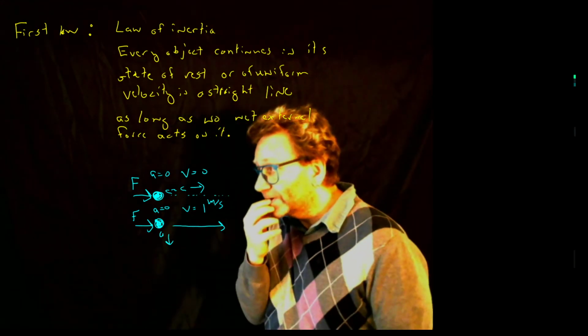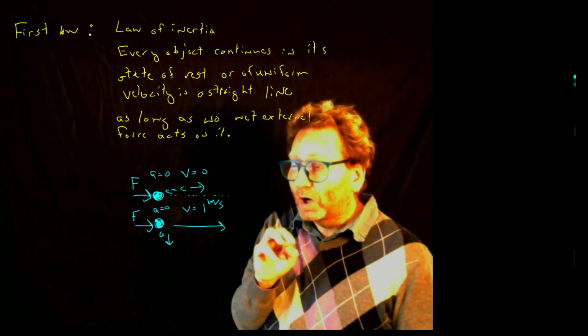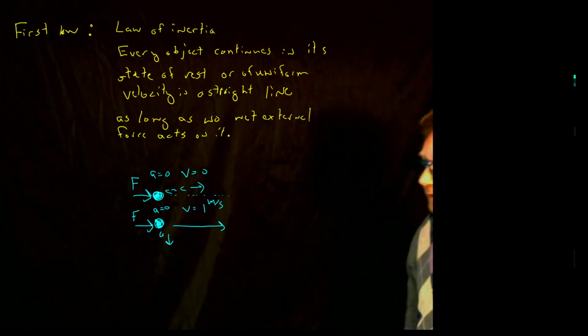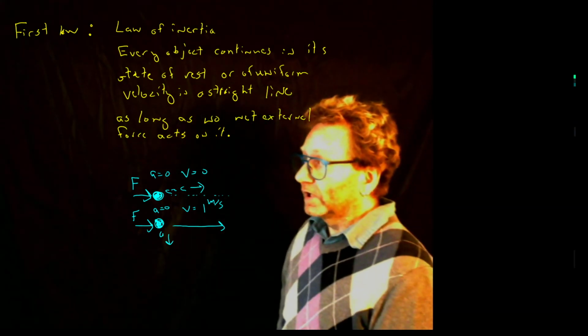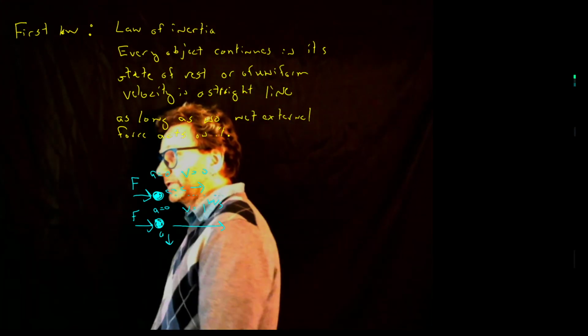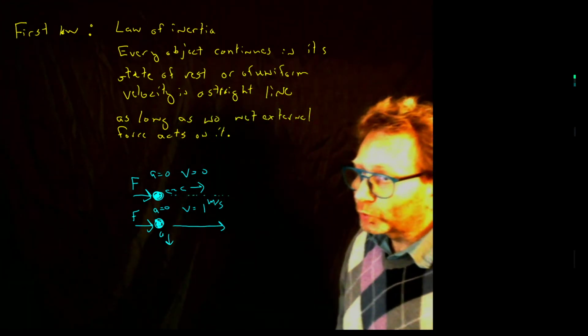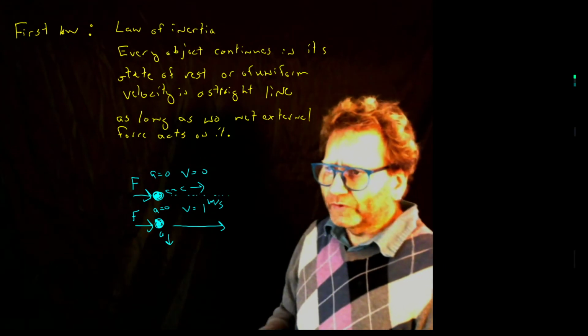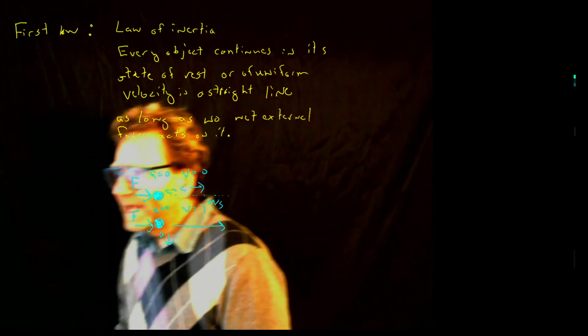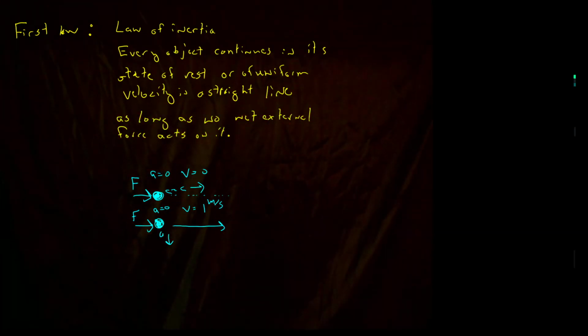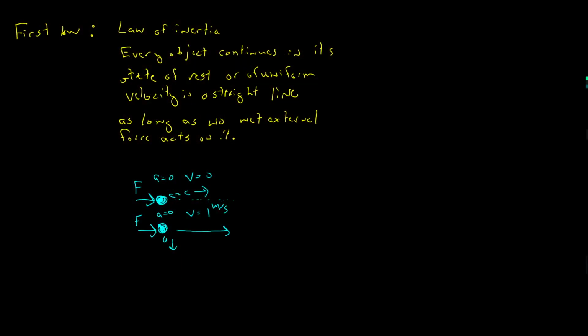Inertia is this thing where, if I'm doing my straight line motion, I'm not going to want to change unless some external force pushes me or pulls me. Push or pulls will be the words we use. And so we should be noting that the key thing that Newton's noticing here is that the acceleration and the force are related. That's the part that Newton really pulls out into his second law.